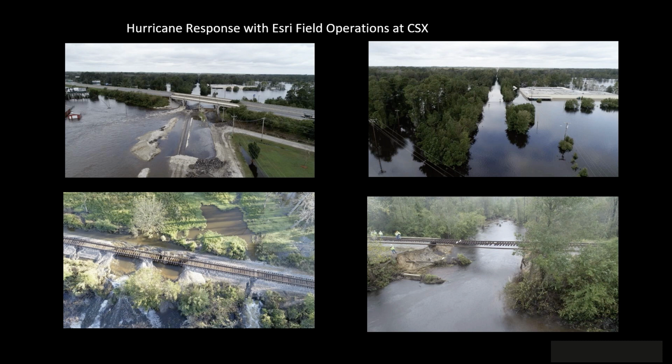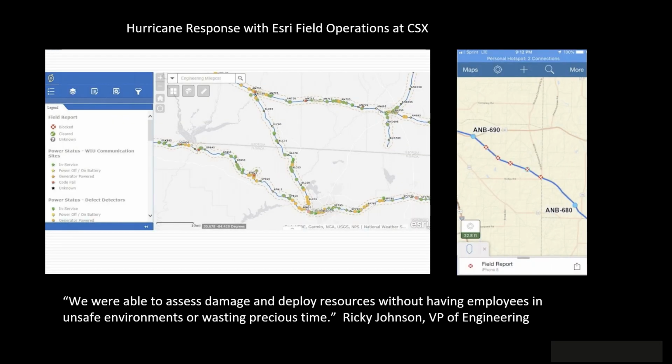The crew very quickly spun up, literally in an afternoon, and configured a couple of mobile applications. They took several drones and Collector on iPads into the field, and were able to do the inspections in real time. And that information was then seamlessly fed back into the CSX control center.